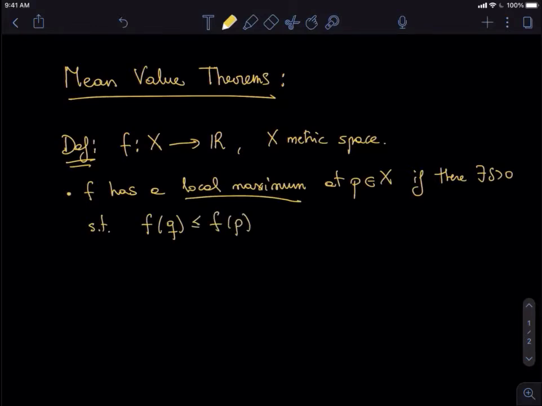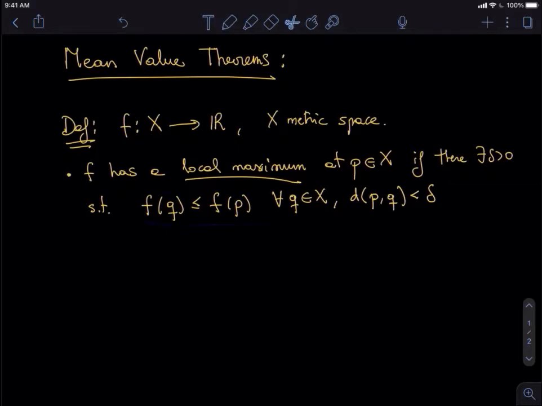So we have f of q less or equal than f of p for all q in X that is within a neighborhood of radius delta from P. So d(P, q), the distance from P to q, less than delta.